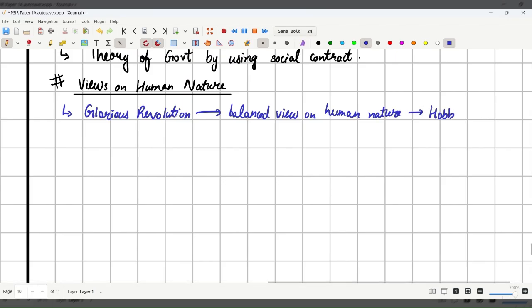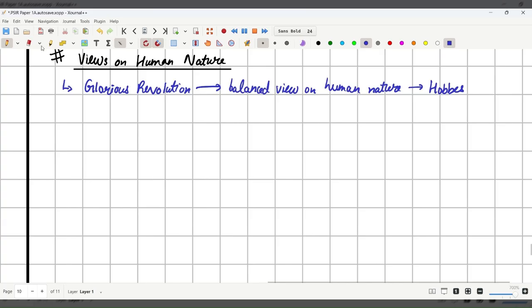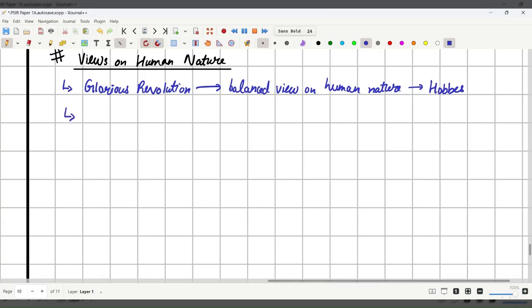During Hobbes' time there was a lot of violence, and during Locke's time it was peaceful and quiet. That is the difference it makes in their views. John Locke's views on human nature and the state of nature are characterized by a positive, rational outlook, serving as the foundation of liberal philosophy.